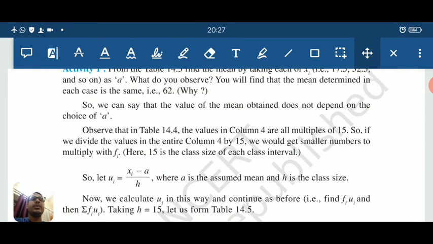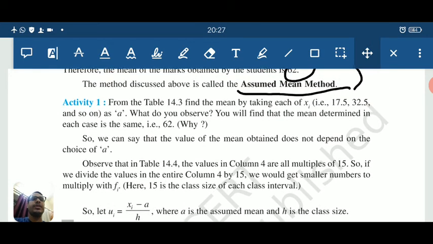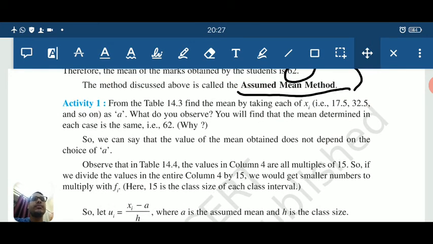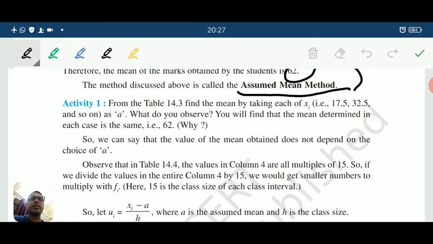So to reduce it a little more, what we have to do here? The value of mean that we have found out here does not depend on the choice of a. You can take a, that is the assumed mean, as any number.